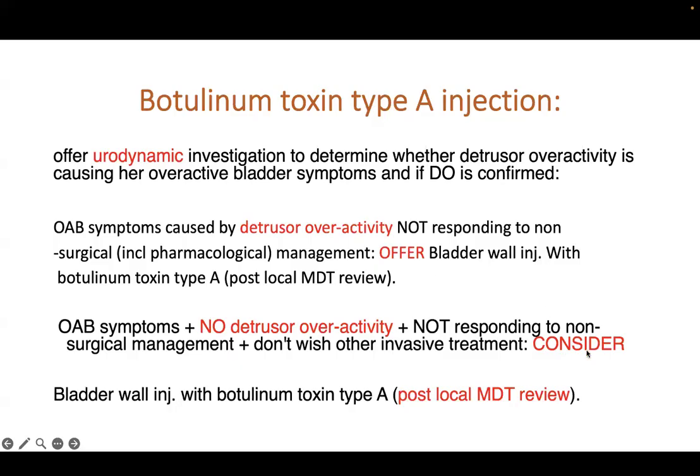This is the major difference. If the OAB symptoms are associated with leakage, we will offer botulinum toxin. If not associated with leakage, only symptoms of OAB, no DO, we can consider botulinum toxin, and that will be after local MDT review.